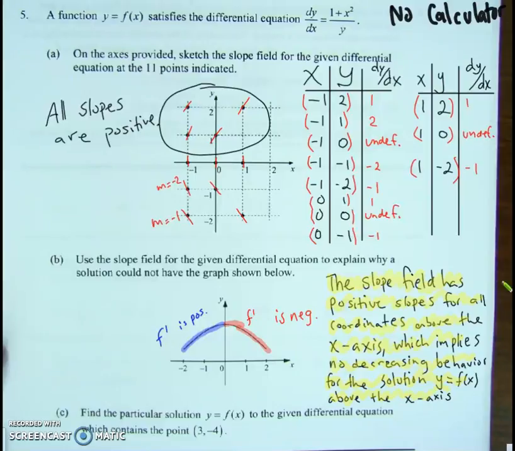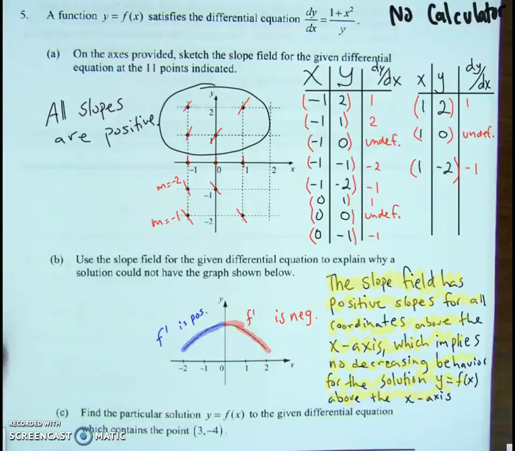The slope field has positive slopes for all coordinates above the x-axis, which implies no decreasing behavior for the solution y equals f of x above the x-axis. You could have worded this differently. It doesn't have to be word for word like this, so long as you hit some key points. We'll keep working out problems like this to practice it.